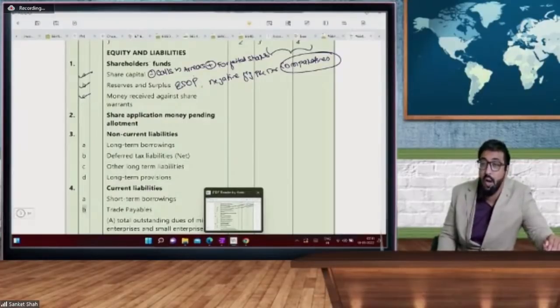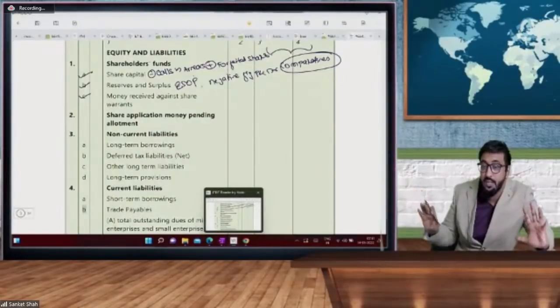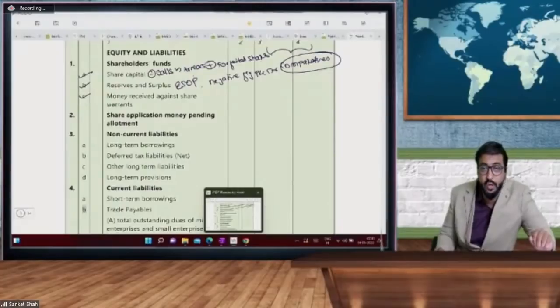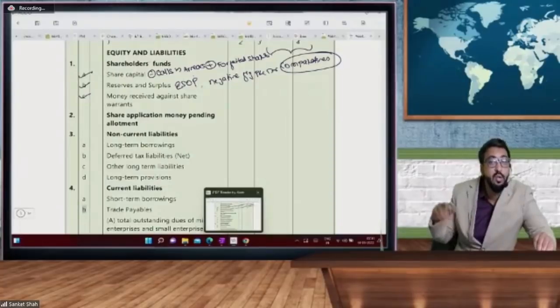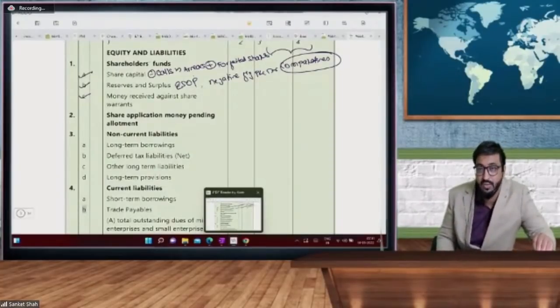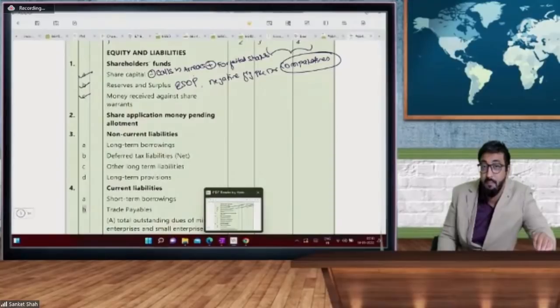and an escrow account is that money which is in a separate bank account of the company. This is called share application money pending allotment, because you are not aware whether you are going to issue shares to that person or not, and it might be on a pro rata basis. For that pro rata basis, you have to watch my foundation company accounts session on share application money pending allotment. So beta, this is like an escrow account.